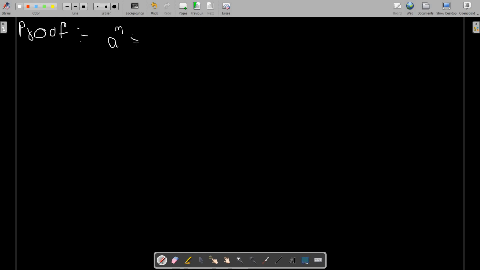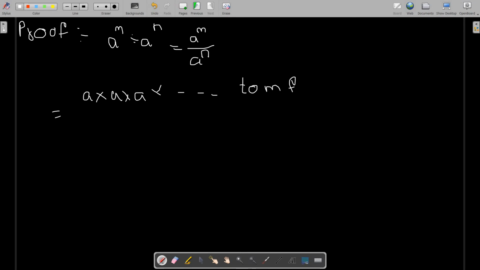A power m divided by a power n. We should write this in the form of a power m by a power n. Here, it can be written in the form of a into a into a, m factors.